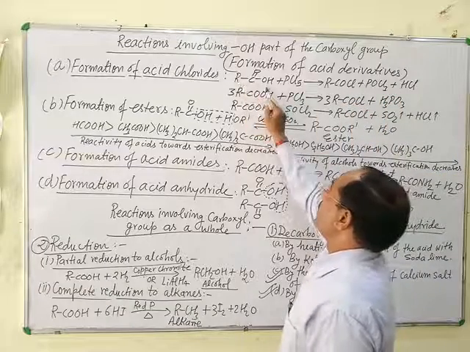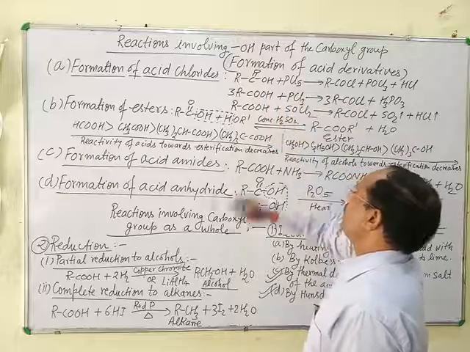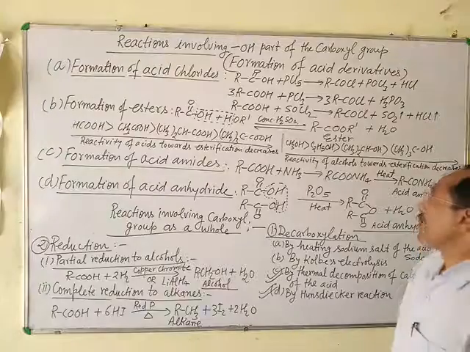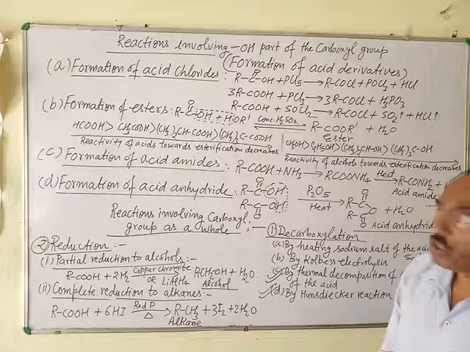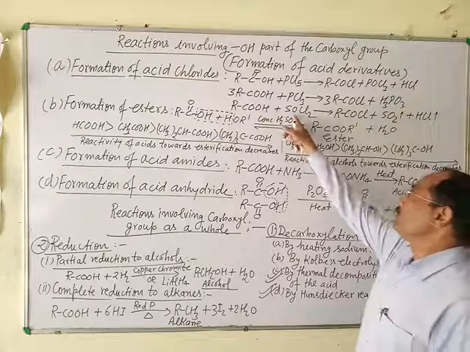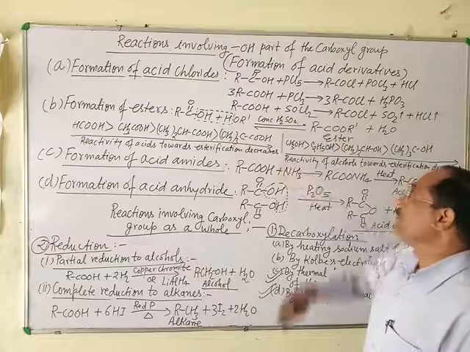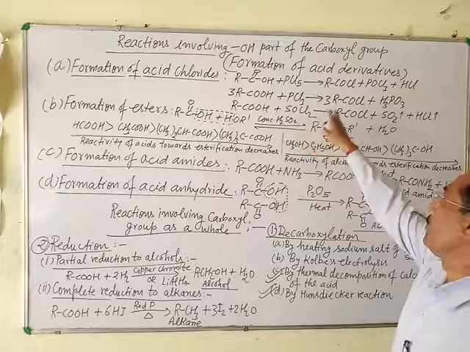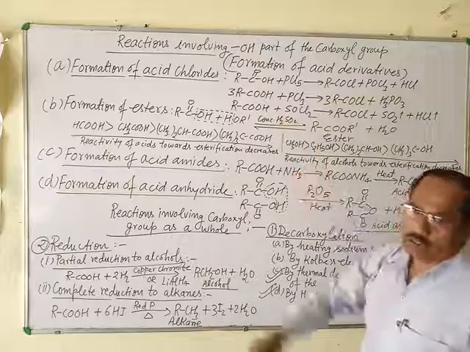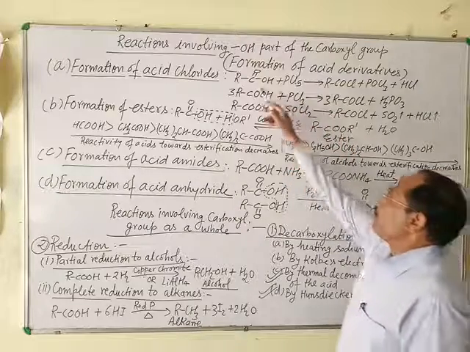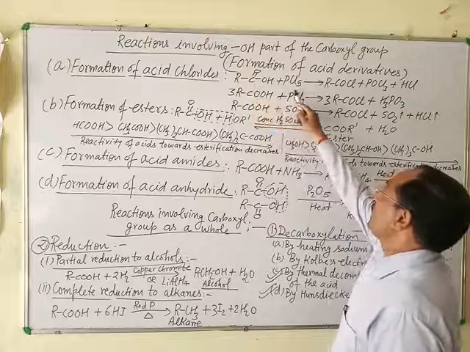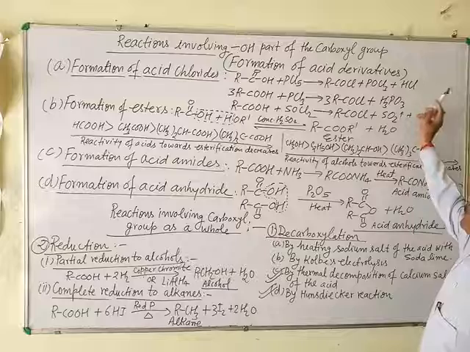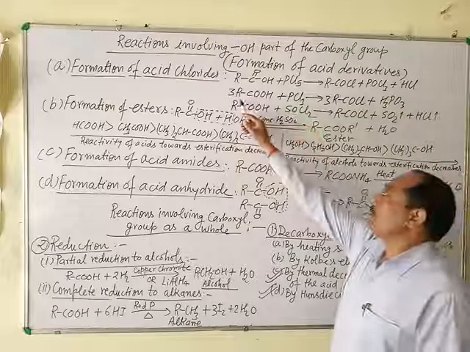When carboxylic acid reacts with phosphorus pentachloride or phosphorus trichloride or thionyl chloride, any of these reagents can be used to prepare acid chloride from carboxylic acid. Carboxylic acid reacts with PCl5 to give acid chloride, POCl3 and HCl. Carboxylic acid reacts with PCl3 to give acid chloride and H3PO3.